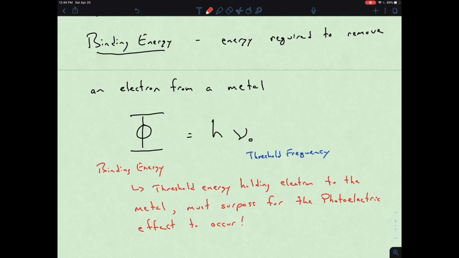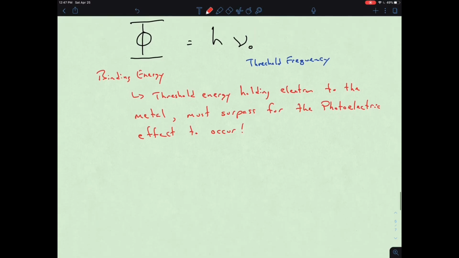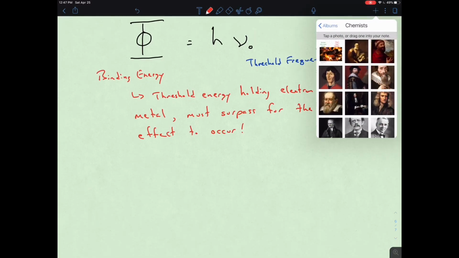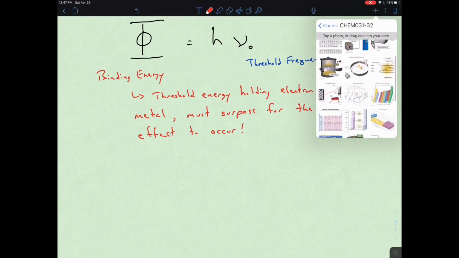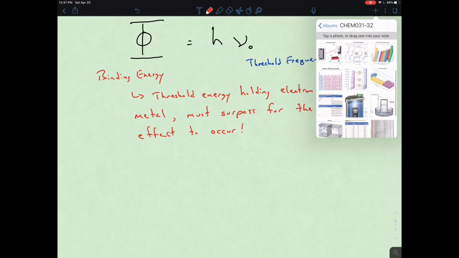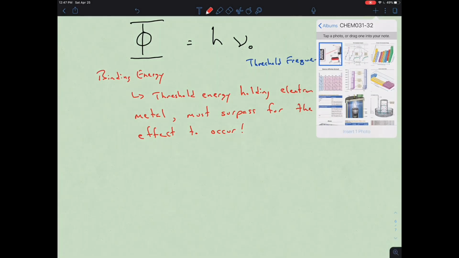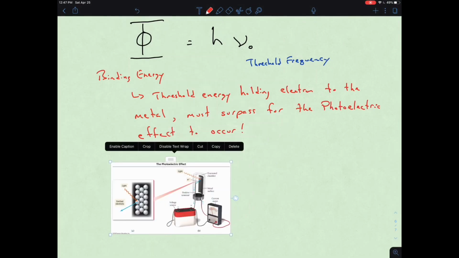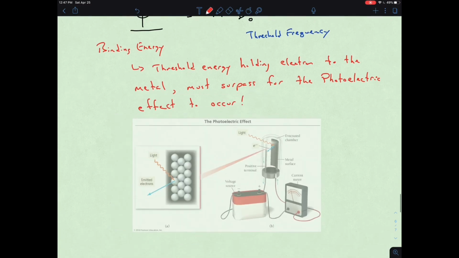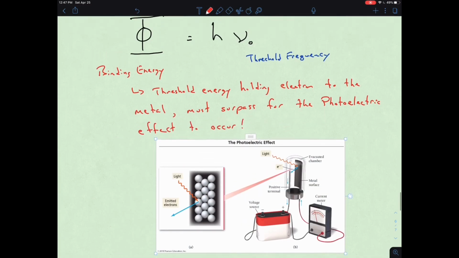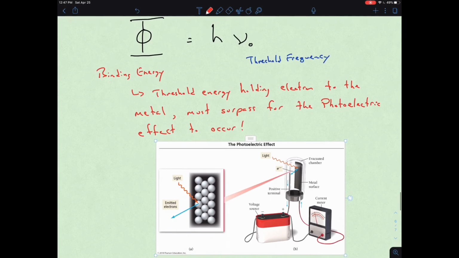So let's look at this maybe in more of a diagram sense. So here we have the photoelectric effect. See if I can make it a little bit bigger here for us. Still see the equation at the top.